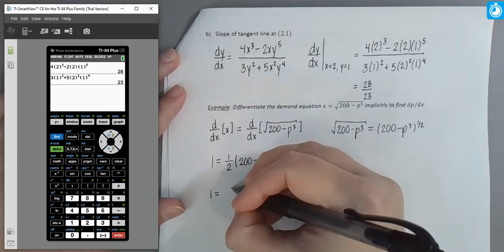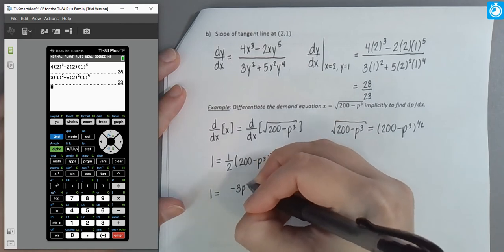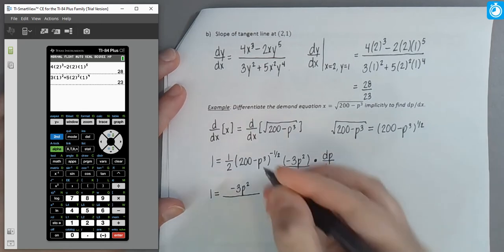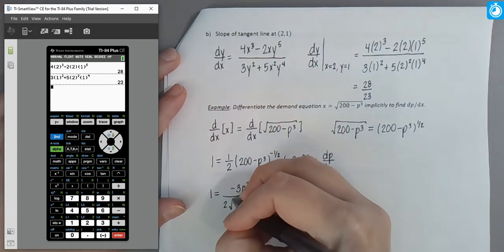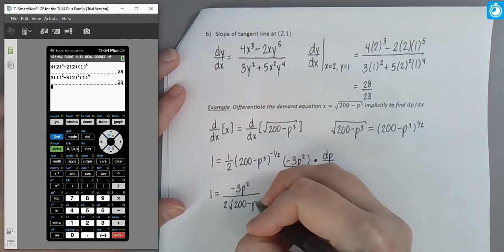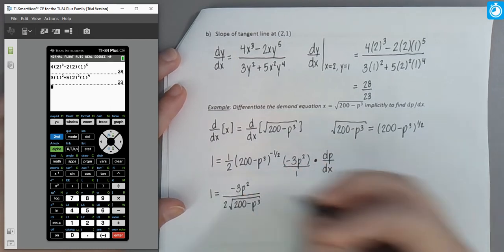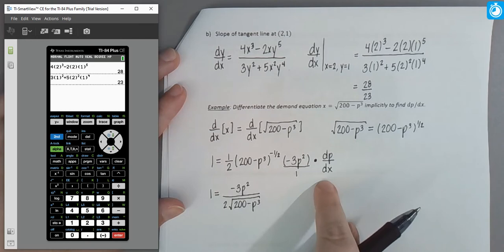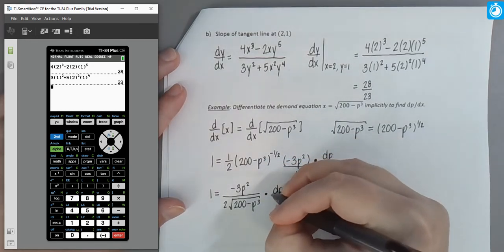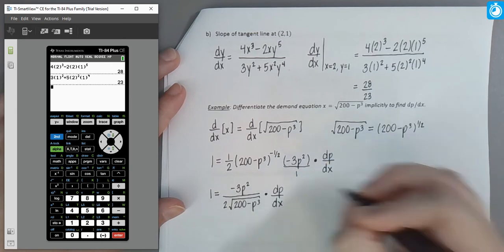So our numerator is going to be negative 3p squared, and then our denominator is going to be 2 times the square root of 200 minus p cubed. And then all of that, don't forget, is multiplied by the quantity in question, dp dx, what we're interested in solving for.